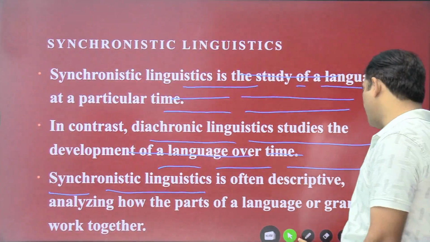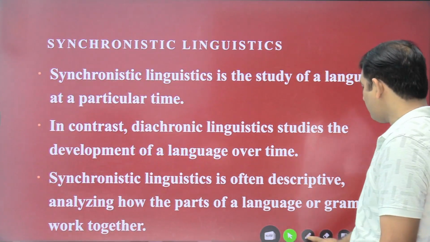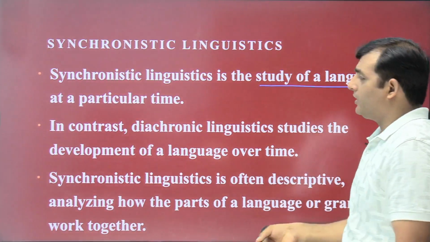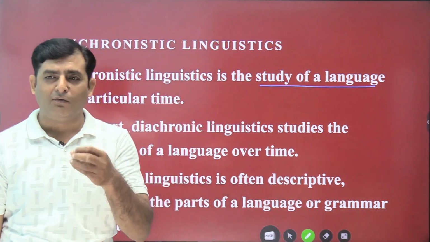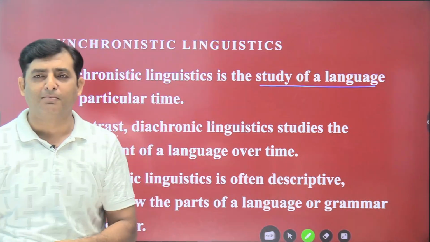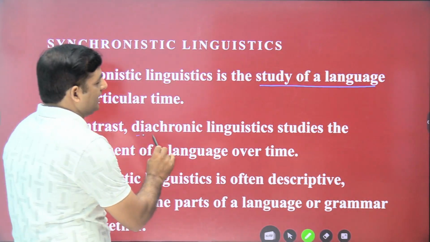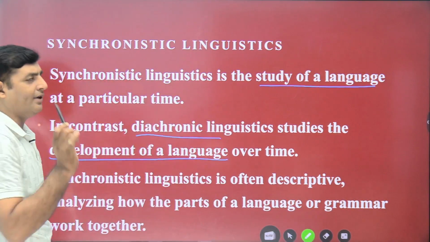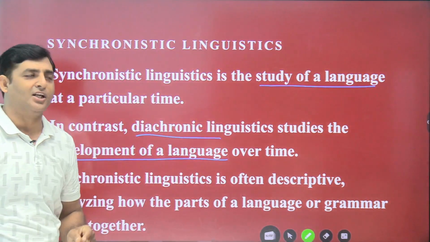Alright, synchronic linguistics and diachronic linguistics. Synchronic linguistics is the study of language at a particular time. In contrast, diachronic linguistics studies the development of language over time. These are the lines for your examination.